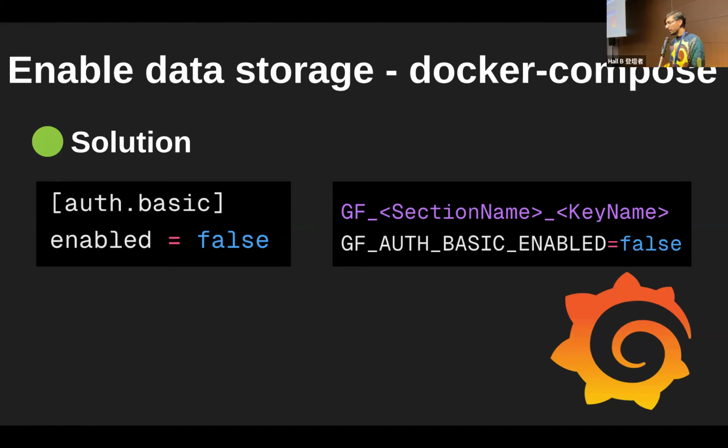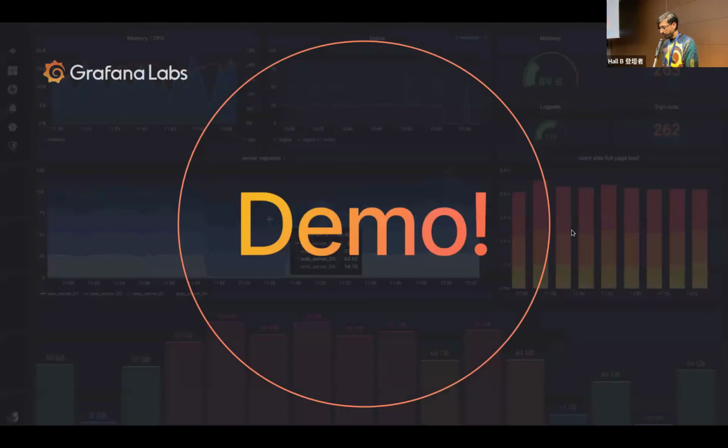But in the Docker world for Grafana, it will look something like GF, which is fixed, and then AUTH underscore BASIC. Basically, we are taking this auth.basic as auth underscore basic, then underscore enable. We define the whole section, and then we define the value, whether we want it true or false.